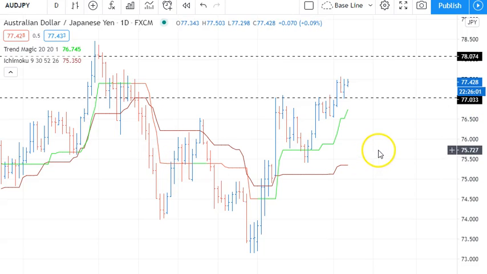Again, we're waiting. We saw the Aussie JPY move up a little bit, and last week I talked about waiting for the retest. We have had the retest, but we've not been able to take out this high here. It looked promising on this candle, and I actually did dip my toe in the water, but got stopped out.